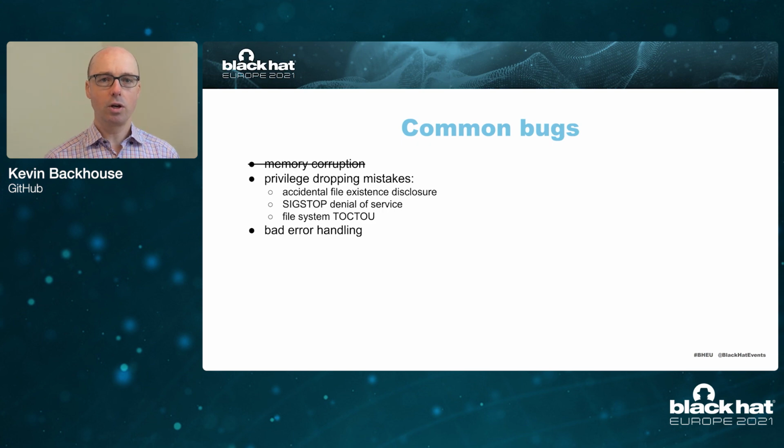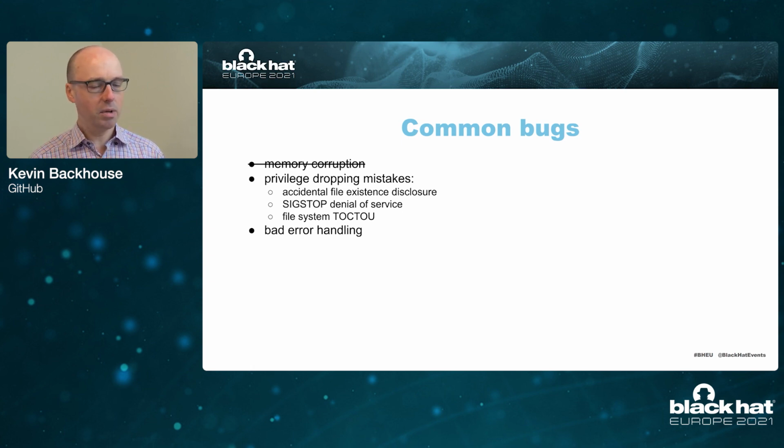Okay, so let's talk about common bug categories that can happen in these dbus services. Now, many of these services are written in C, so you'd think that many of them would have memory corruption vulnerabilities. But actually, I've had zero success in finding any of those kinds of vulnerabilities. Obviously, that doesn't mean they're not there. It's just that I haven't been able to find them myself.